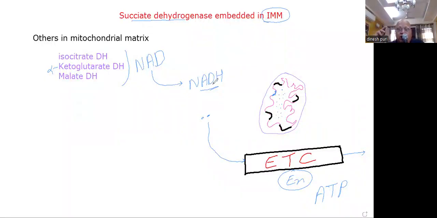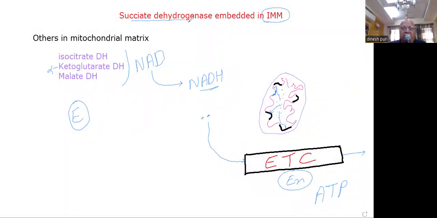It binds to the enzyme apoprotein in a very loose fashion. It can dissociate from the enzyme protein, go to the electron transport chain, and donate its reducing equivalent.